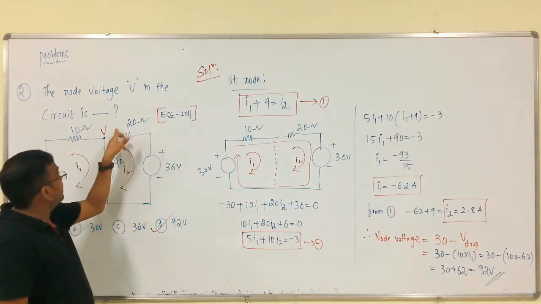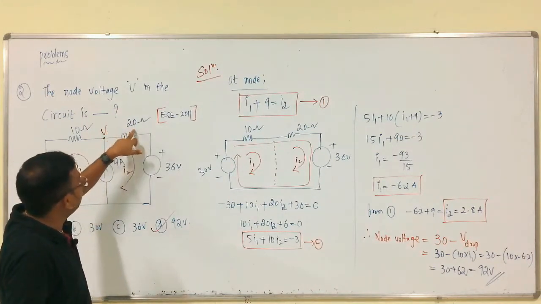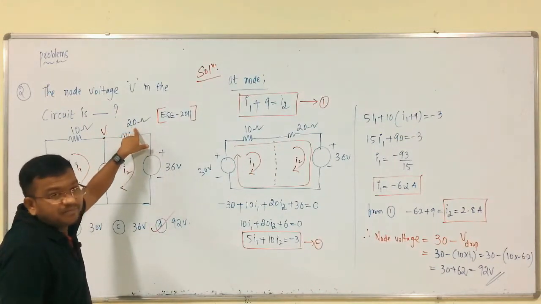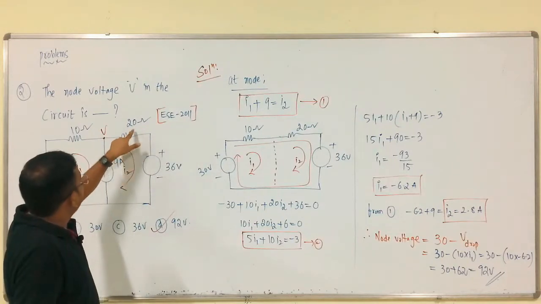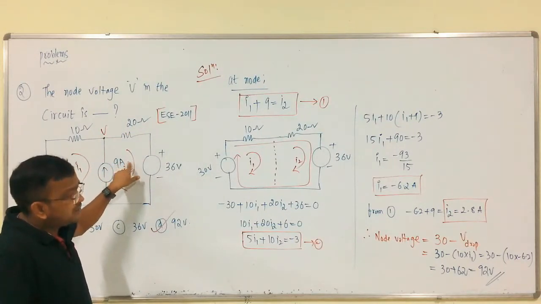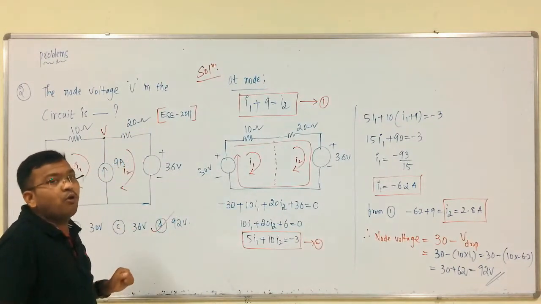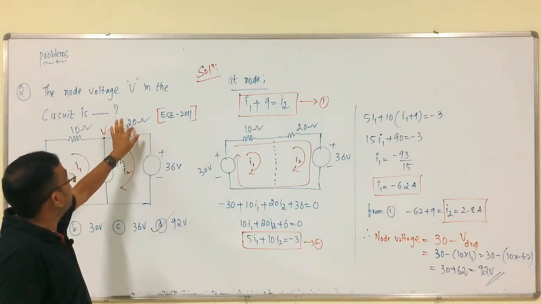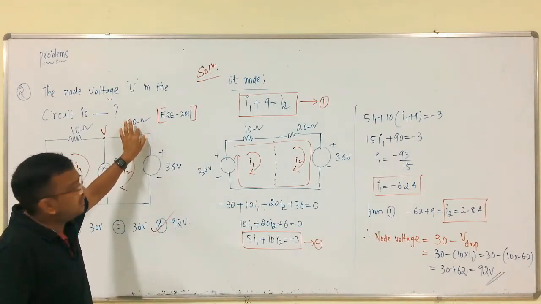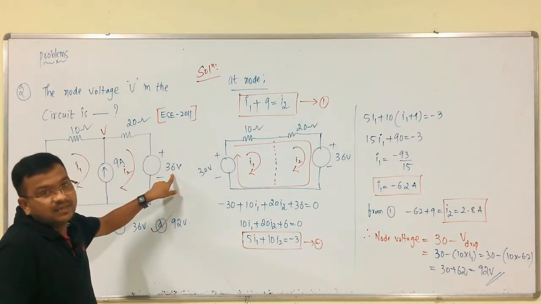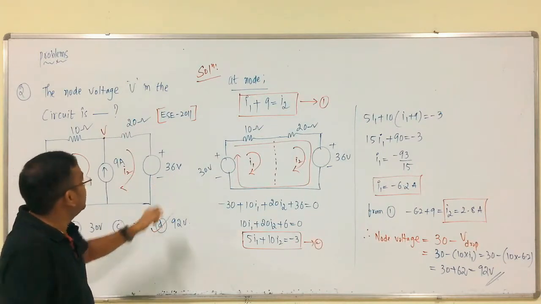Or we can get this voltage by adding this, see 20, this is 20 into I2, right. What is the value of I2? 2.8. So, 20 into 2.8 is nothing but 56, 56 plus 36, 92.